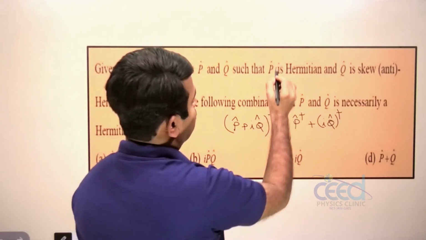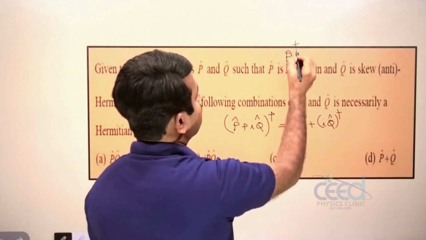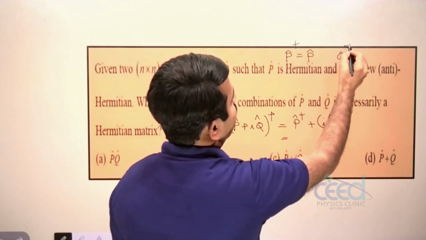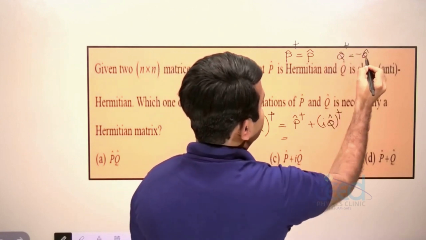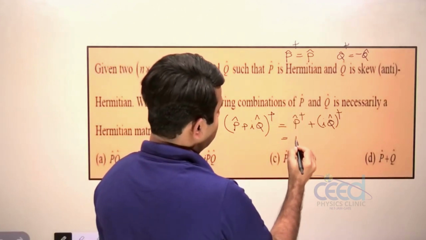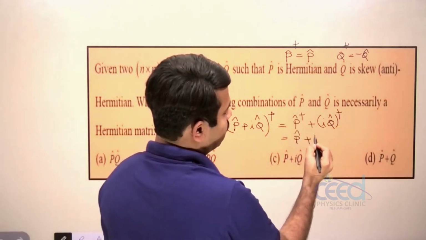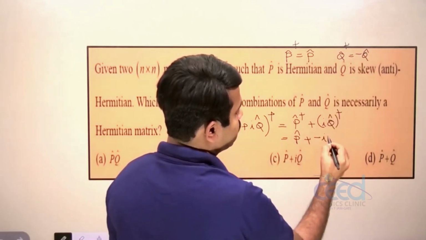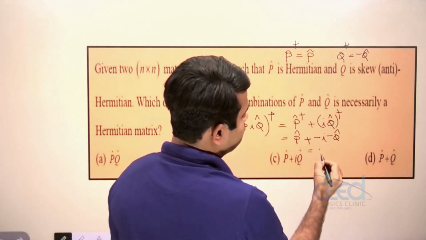P cap dagger is equal to P cap, it is Hermitian. Q cap dagger is equal to minus Q cap, this is skew Hermitian, given. So let us substitute this as P cap, and this I dagger is minus I, Q cap dagger is minus Q cap.